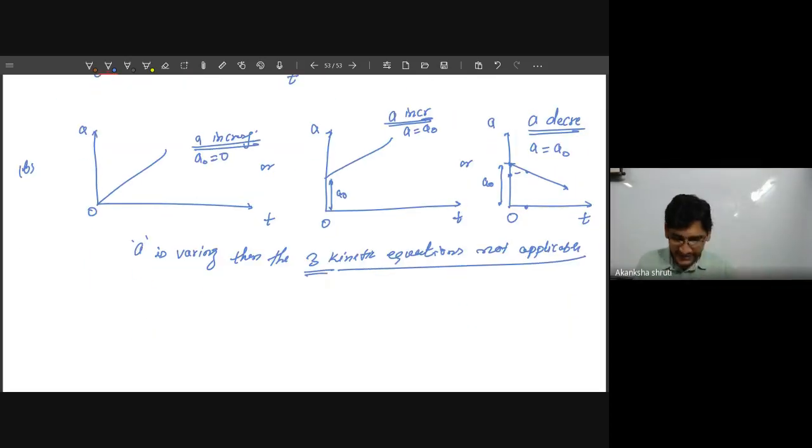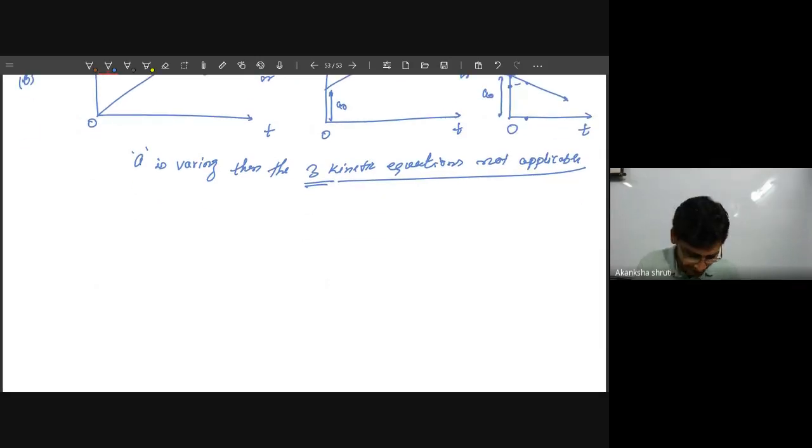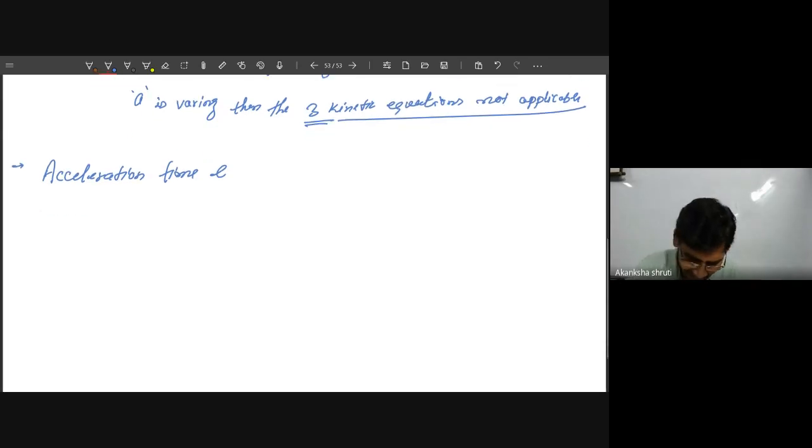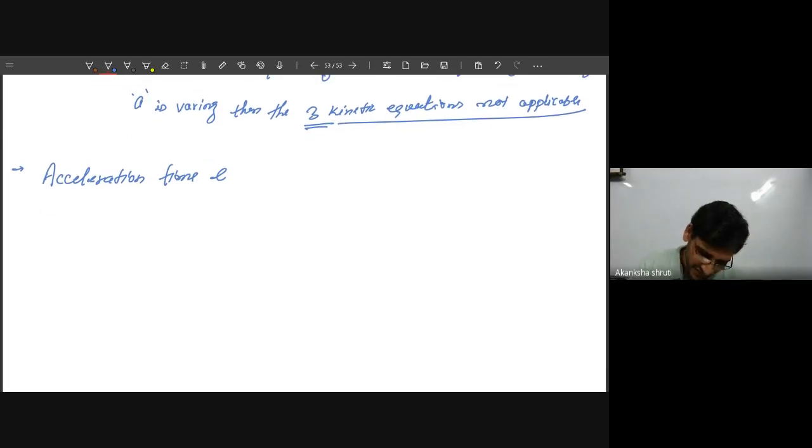A student, what is the significance of this acceleration time graph? That is important. If we take the acceleration time graph, then from the graph we can calculate two things: either the area between the time axis and that plot, or the slope.